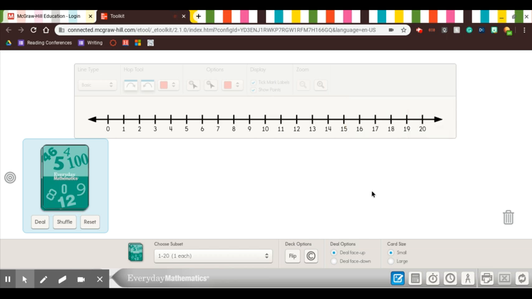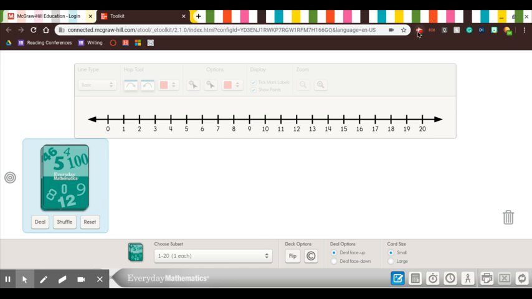As you can tell on my screen, you can see a number line. Now this number line starts at 0 and it goes all the way to 20. What I want you to do is, on page 21 or on your piece of paper, either look at the 5 little rectangles or draw them.